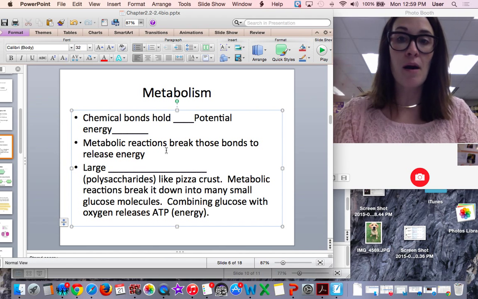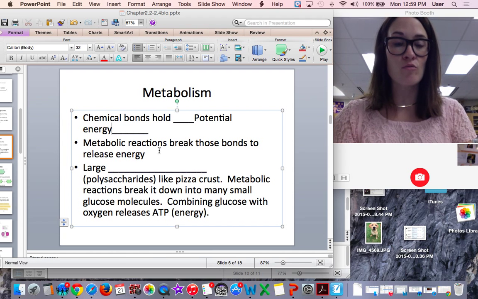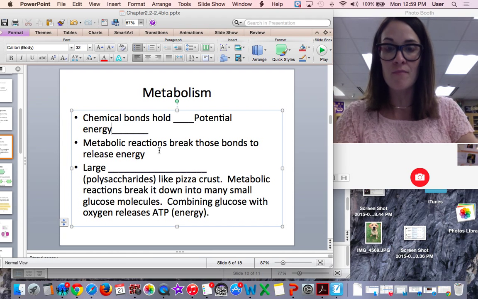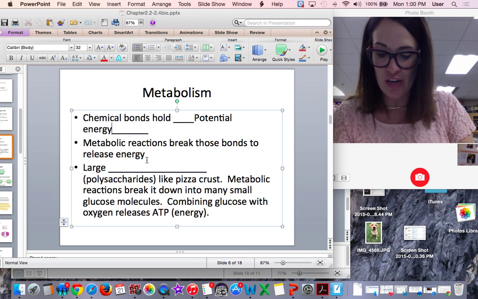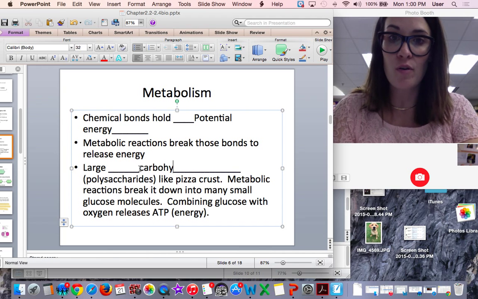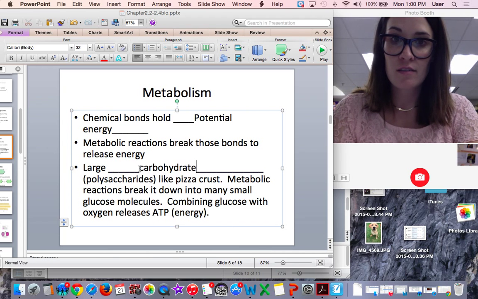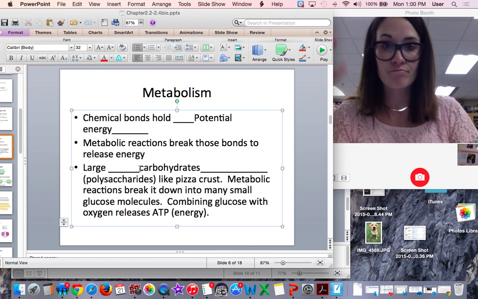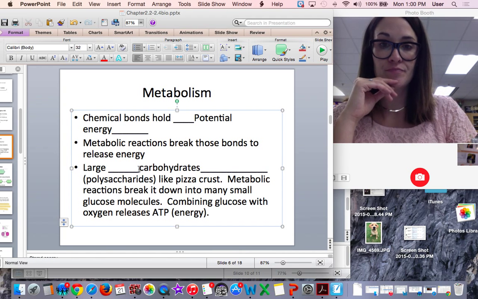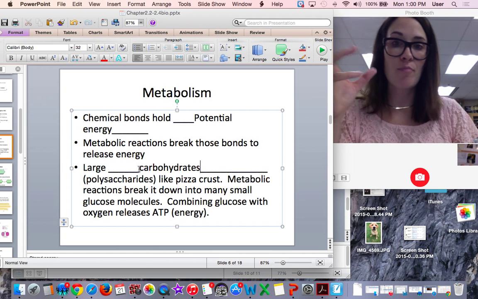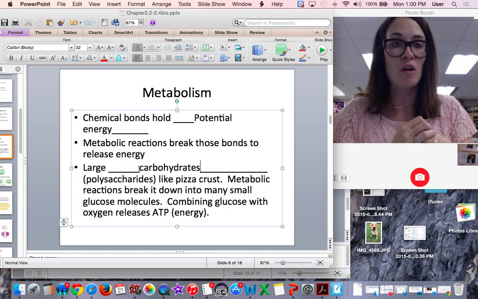And metabolic reactions actually break those bonds to release the potential energy. Large carbohydrates, like pizza crust, are broken down into smaller and smaller molecules.